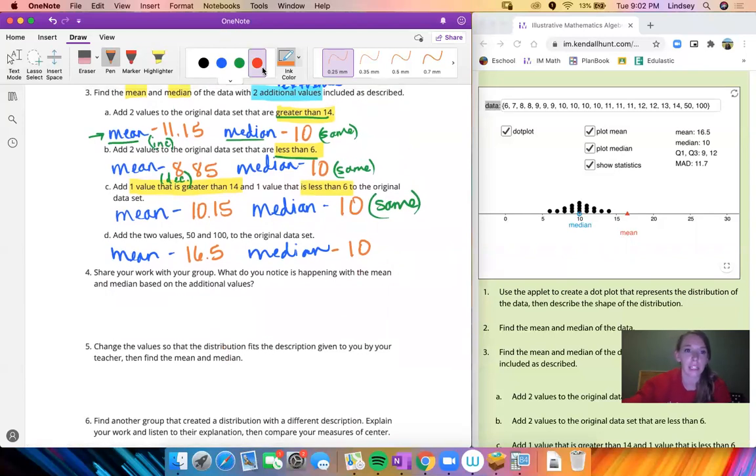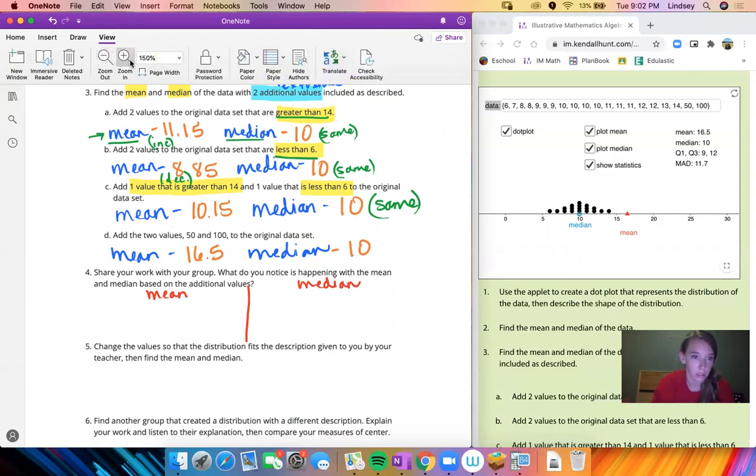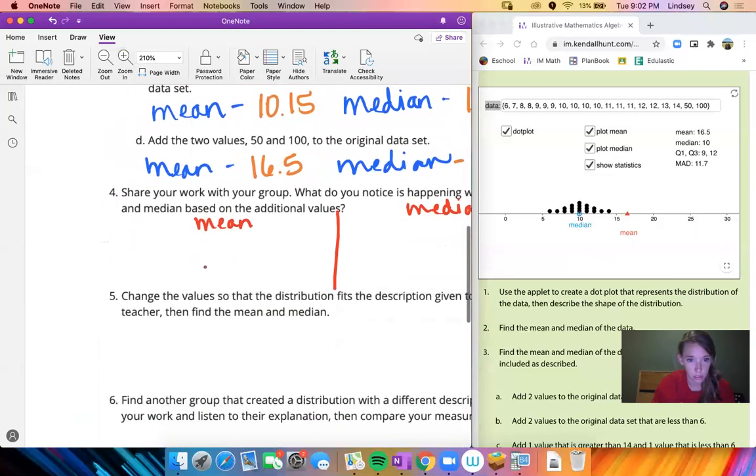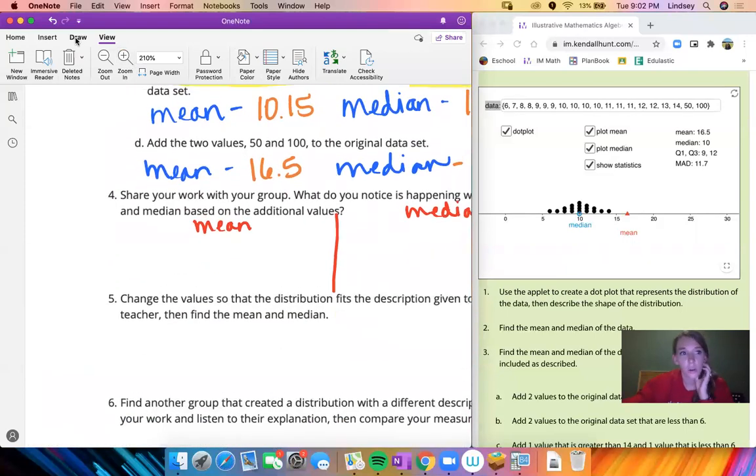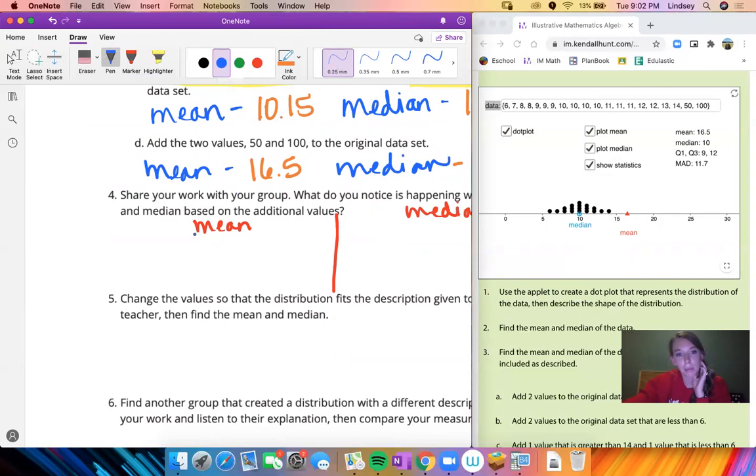Okay, so let's draw some conclusions here. I've got the mean, got the median. Let me zoom in so I can write. Take a second, maybe pause the video, and think about what you notice about the mean. What did you notice was happening every single time?